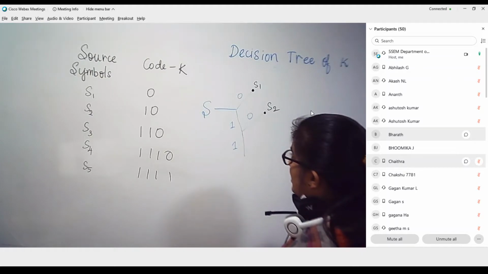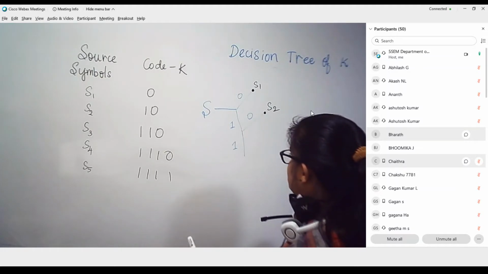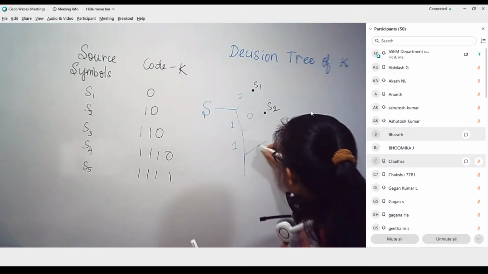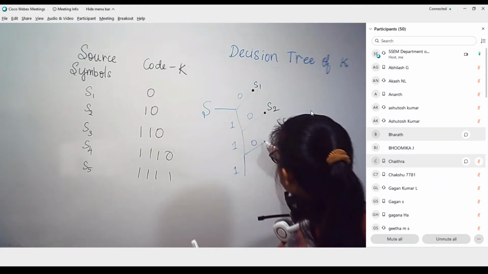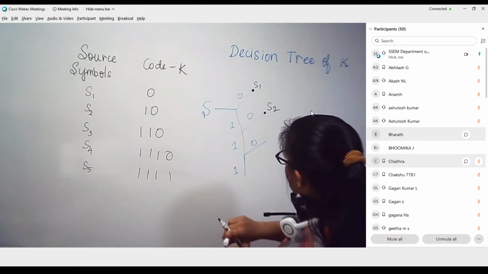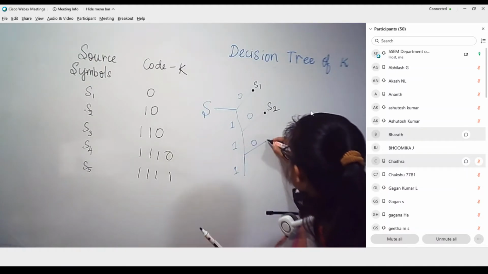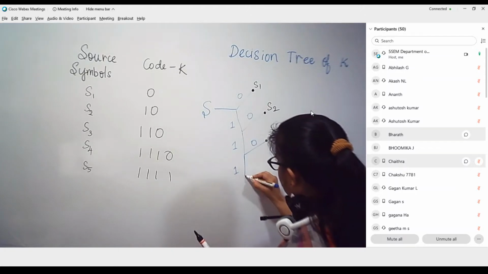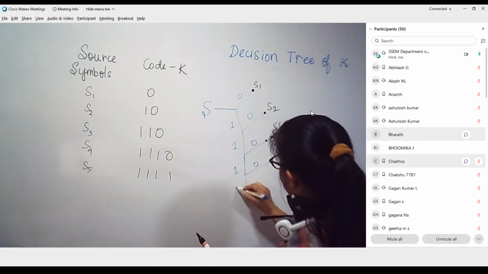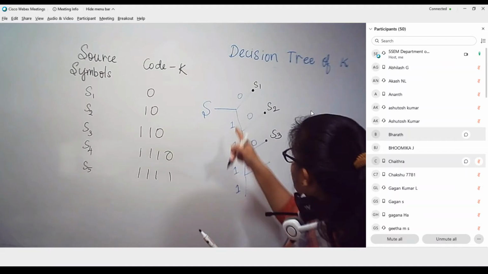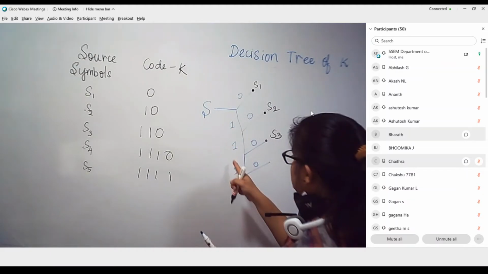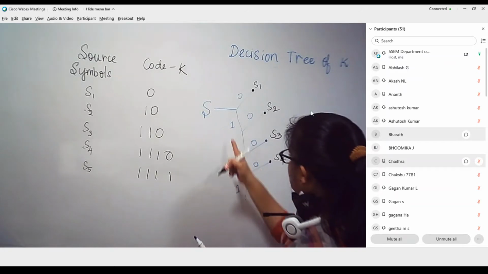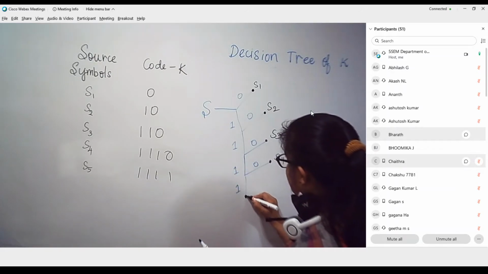Then again I need to split at 1, 1 and a 0, so that at the end of 1, 1, 0 I have the third symbol called S3. Then again I am going to split into 0 and 1. At the end of 1, 1, 1, 0 I have S4, and 1, 1, 1, 1 I have S5.